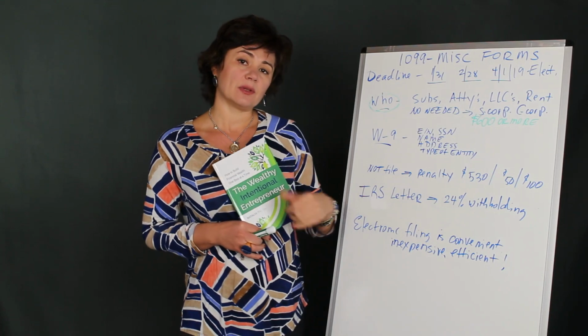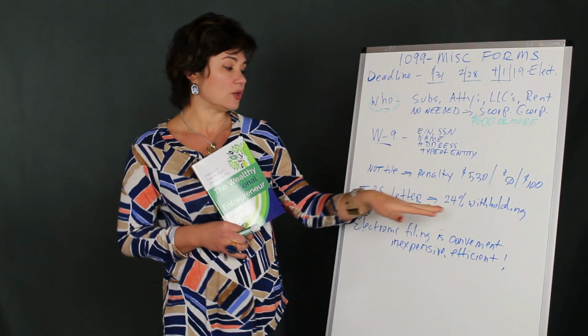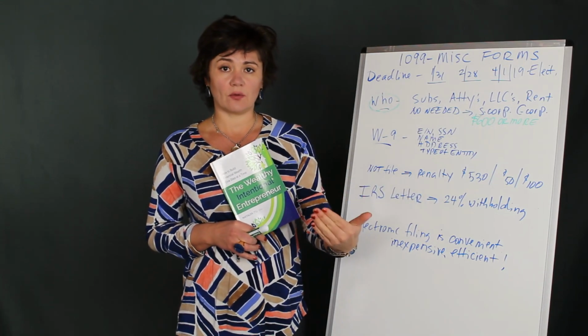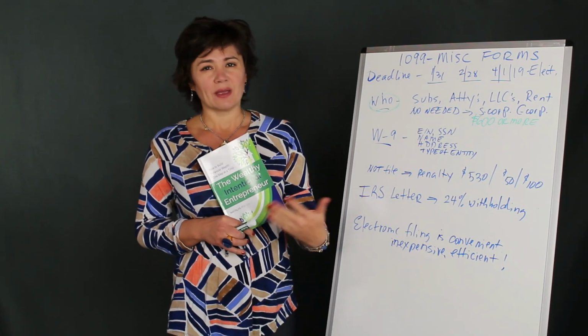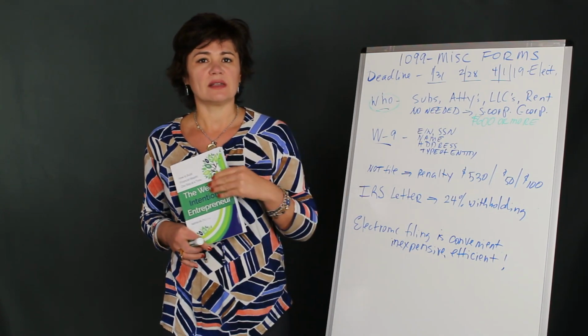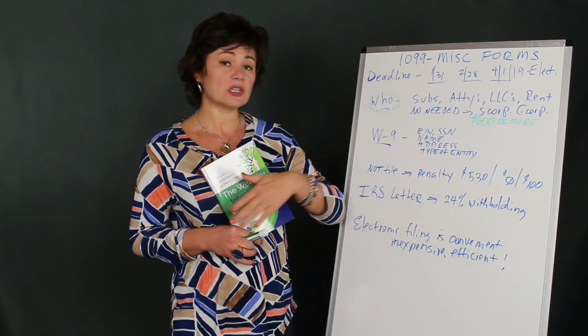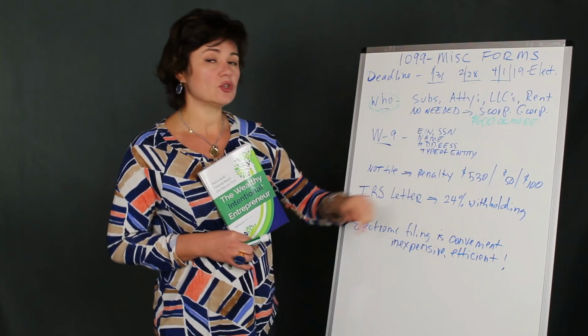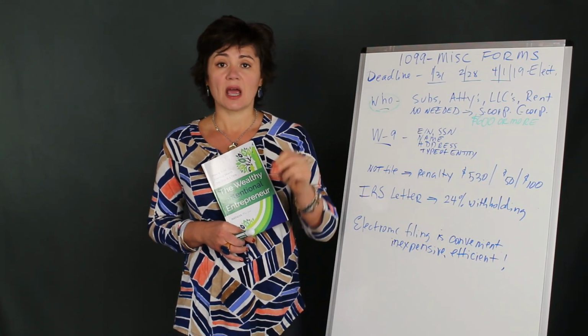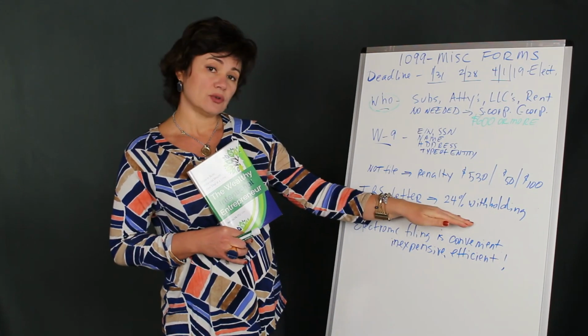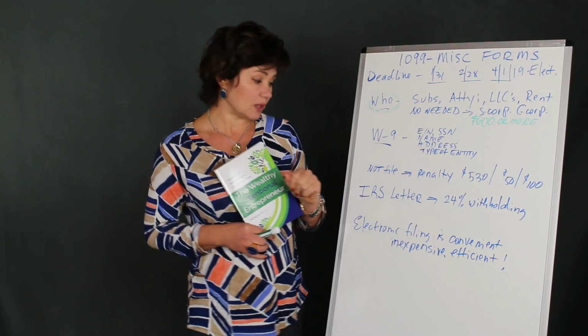And if John Smith or somebody else refuses to update the Form W-9 for you, well, maybe this is not a good company to work with. And if you still have to work with this company, you need to withhold 24% of their income and send the payments to the IRS.